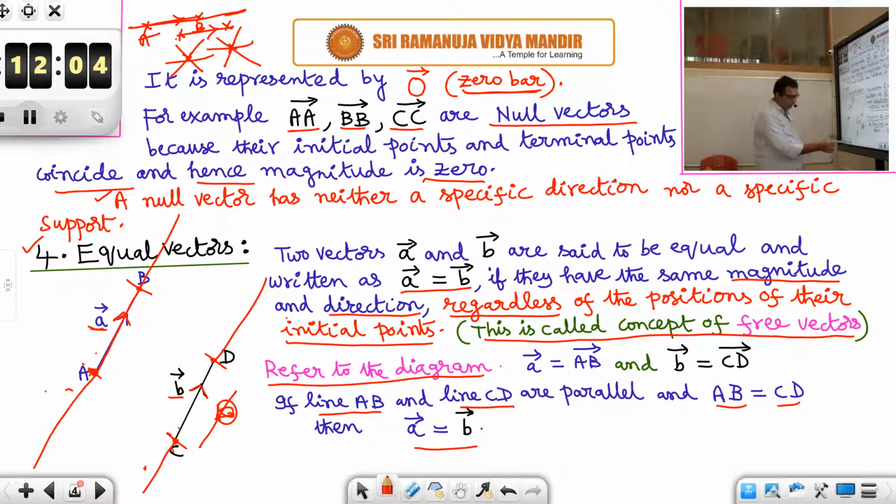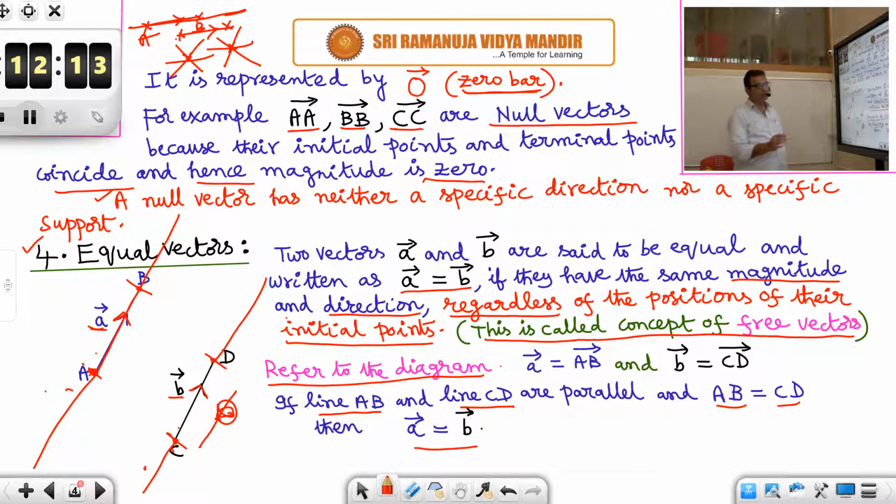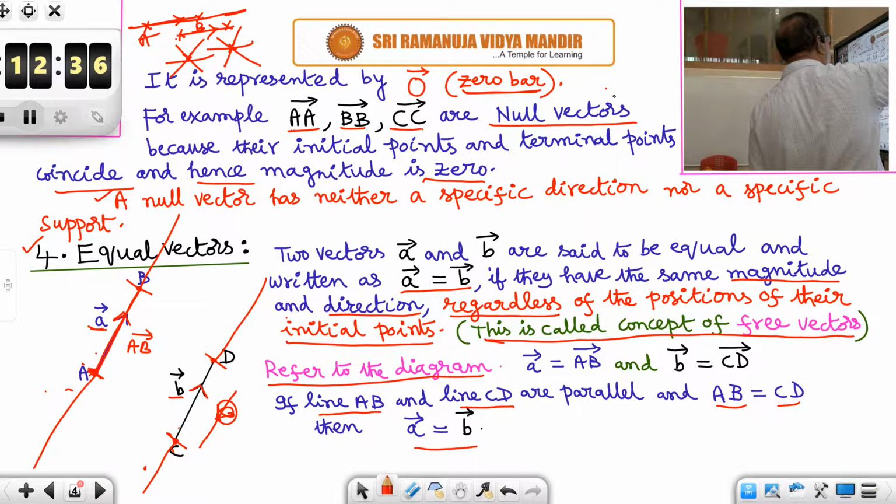So that is what I am writing on the next page. Free vector concept. Free vector concept is important. That means what? Suppose this is the vector AB bar. This AB bar, keeping the length same, direction same, you can shift it to any place. For example, I can choose a different point here, P, as initial point.